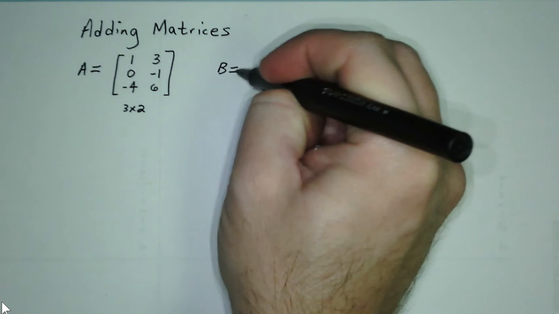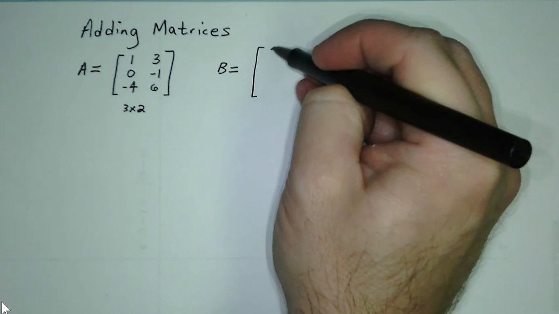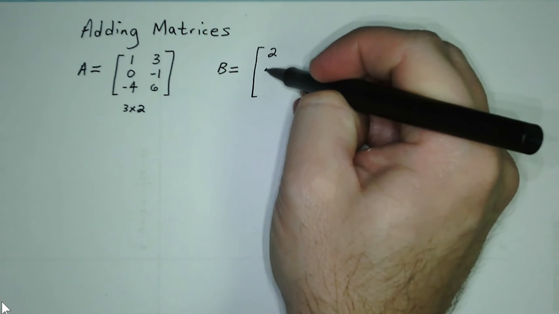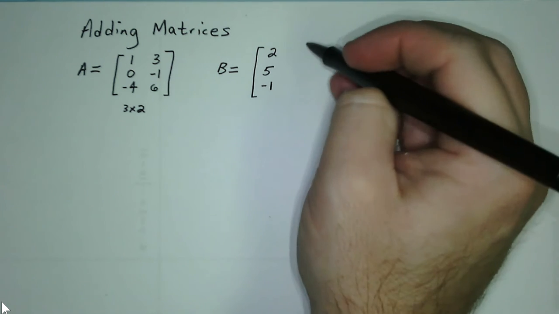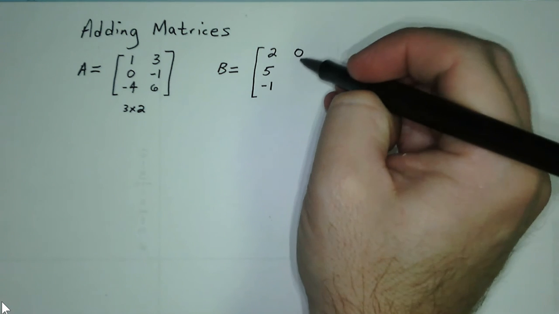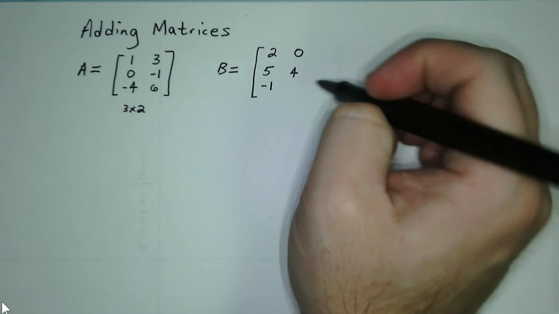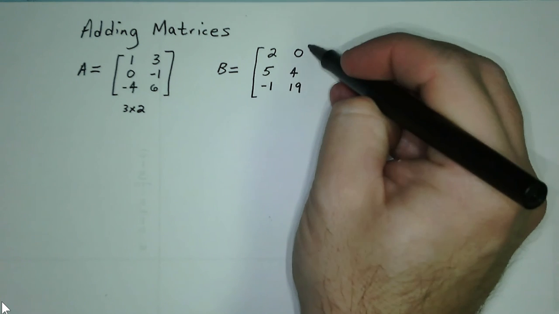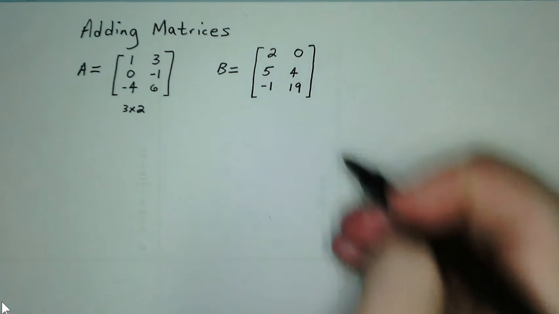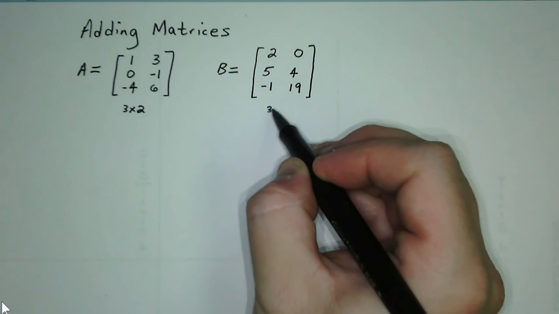And let's say that matrix B was this: 2, 5, -1, and then 0, and then maybe we'll toss a 4 in there for good measure, and then maybe a 19. Whoa. So this is also a 3 by 2.